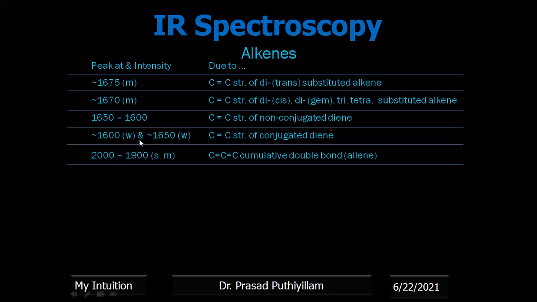Two different peaks are obtained, not a single broad peak as with the non-conjugated diene. Around 2000 to 1900 gives a strong to medium peak for the cumulative double bond or allenes. So if allenes are the compound that you are going to analyze in IR spectroscopy, then you can expect a peak in this range.